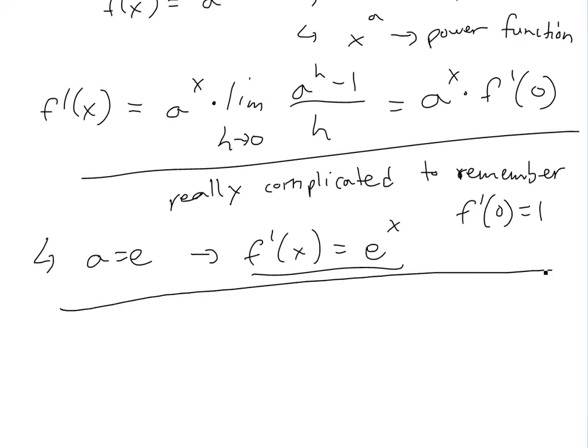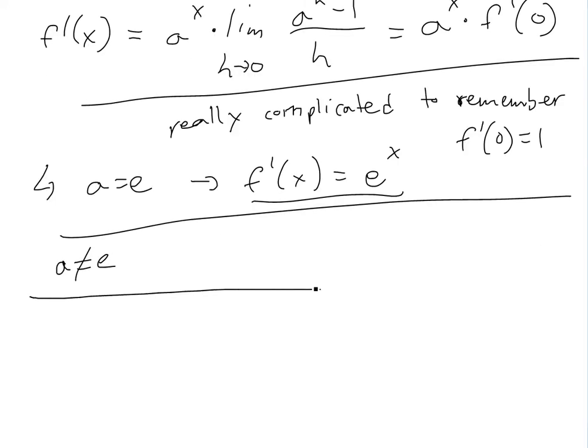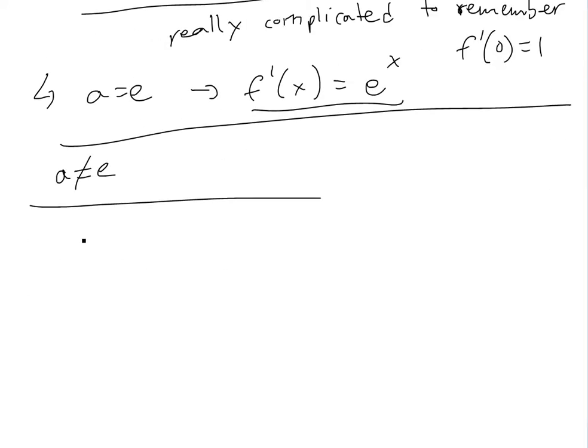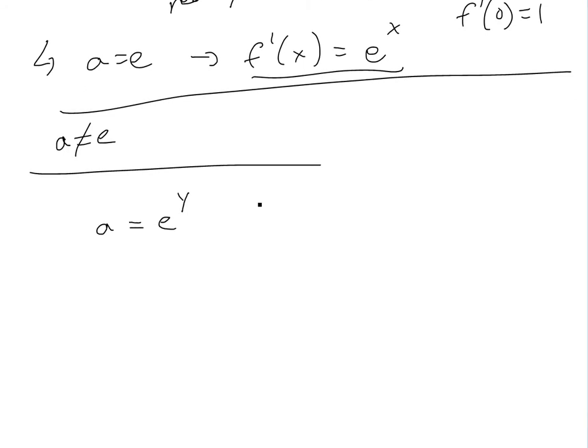But to get an easier expression for a not equal to e, we could just use our natural log rules. Basically, if we have any number a equals e to the y, using the natural log definition, y is going to be equal to ln a, or log base e of a.